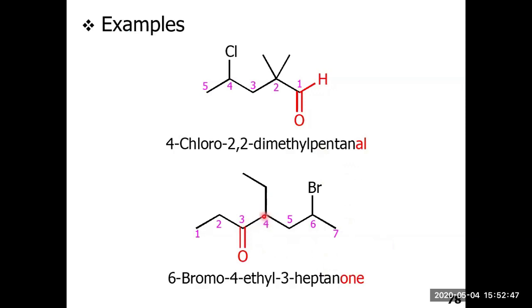Notice at carbon number 4, we have an ethyl group, and at carbon number 6, we have a bromine atom. In writing the final name, it becomes 6-bromo-4-ethyl-3-heptanone. Again, do not forget to write the substituents in alphabetical order and the location of the substituents with respect to the main chain.